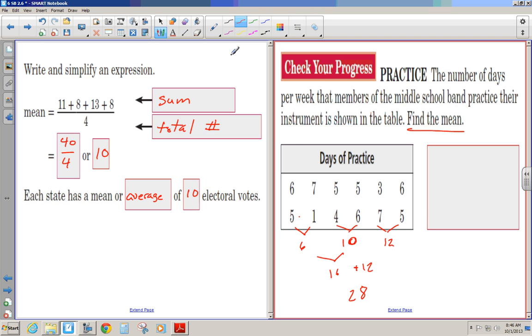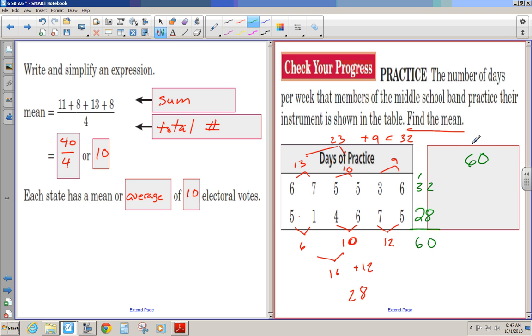The top row, let's see here, that's 13. That's 10. That's 9. So that's 23 plus 9 is 32. So the top row is 32. And when we add up those, 28 and 32, 60.